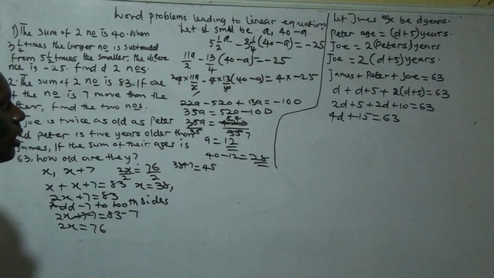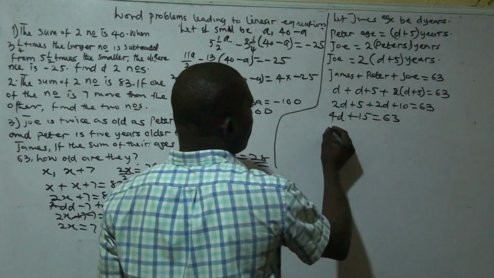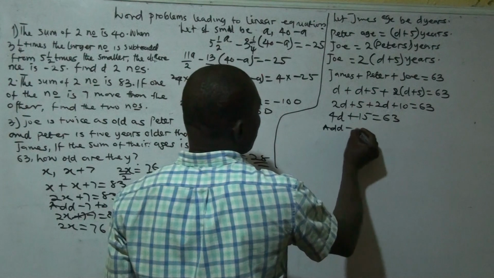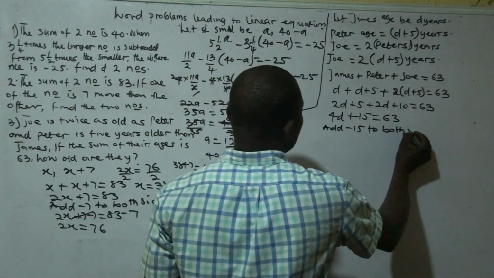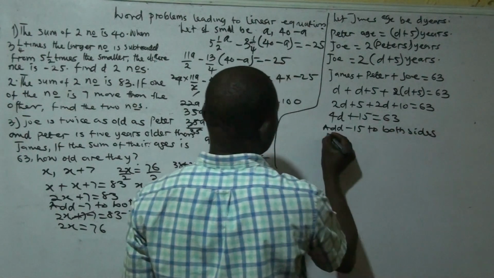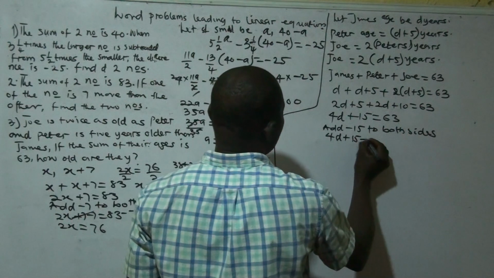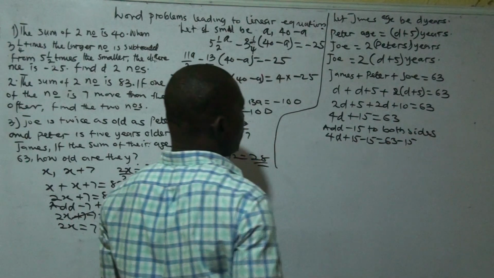As you can see here, we need to look for the additive inverse of 15. The additive inverse of plus 15 is minus 15. So we add minus 15 to both sides, so that we have 4D plus 15 minus 15 is equal to 63 minus 15.